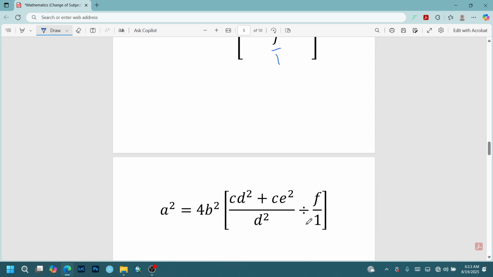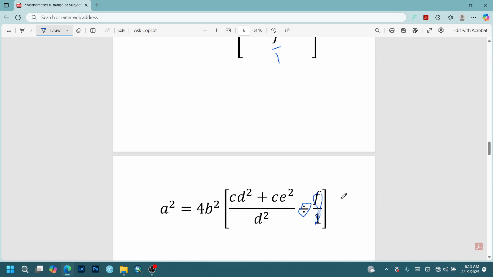So we eliminate the division sign by multiplying, and the fraction f/1 will change its form inversely, from f/1 to become 1/f.